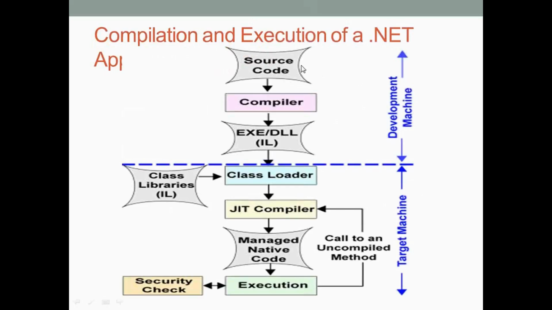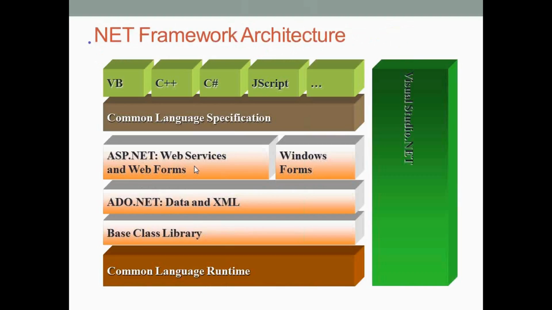This is a simple diagram of that execution environment. So the source code compiler converts into either an exe or DLL file. Then the class loader and just-in-time compiler convert it into managed native machine code, which goes for execution after a security check. So this is a simple compilation and execution of the .NET Framework.